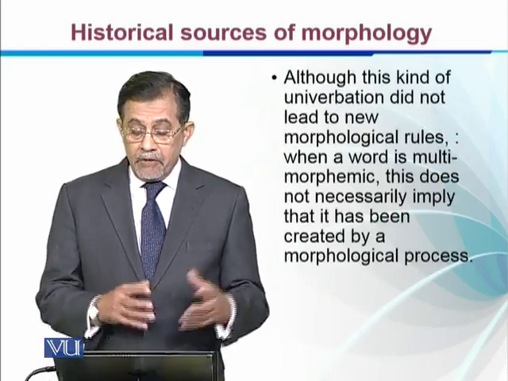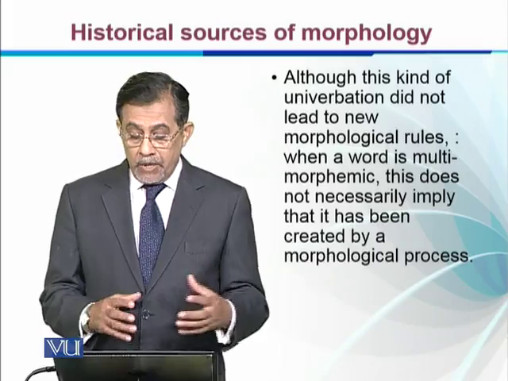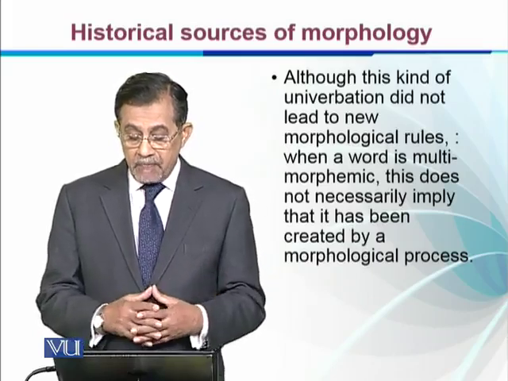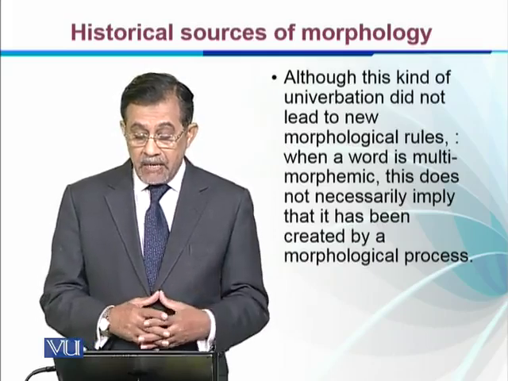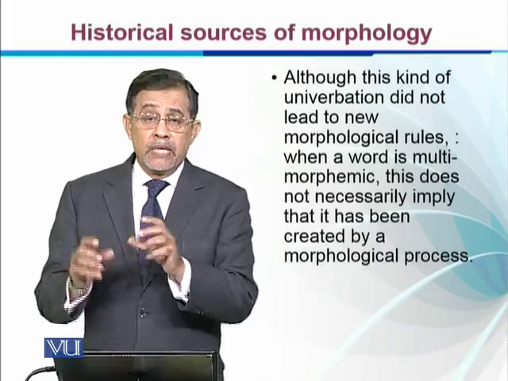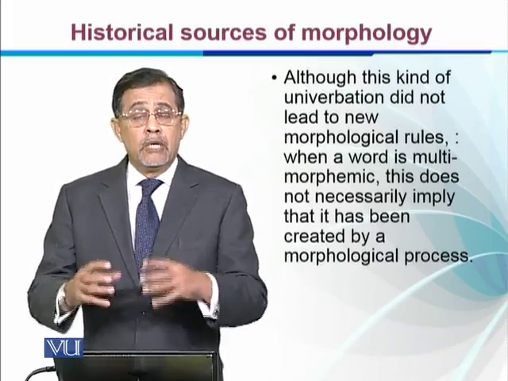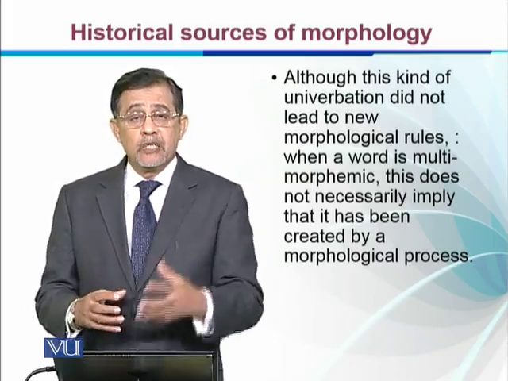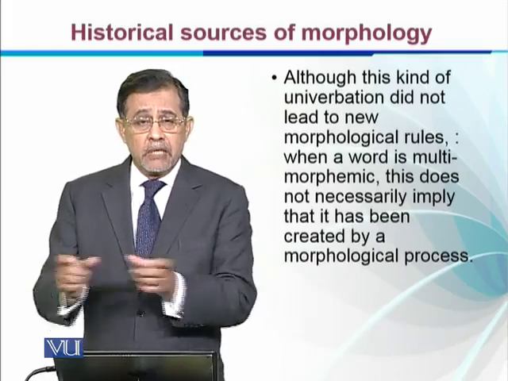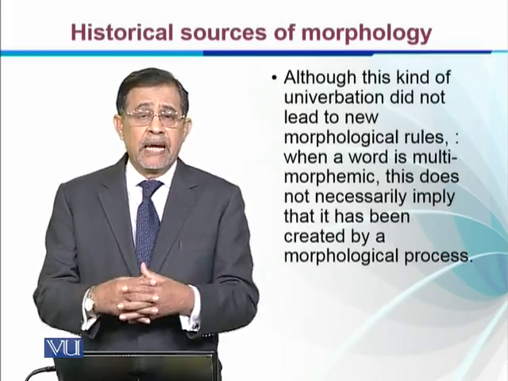Although this kind of univerbation did not lead to new morphological rules, when a word is multimorphemic, this does not necessarily imply that it has been created by a morphological process. So it does not show that albeit or this type of word that we have just mentioned was made as a result of some morphological process, that there was a root and then certain prefixes or suffixes were added, etc.